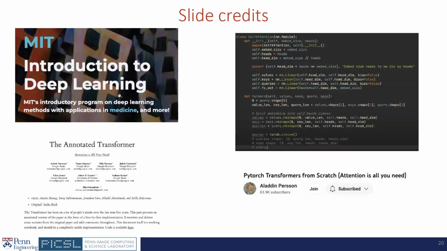And most of the slides for this presentation are taken from this lecture and this blog post over here, the annotated transformer. I highly recommend reading this blog post in your free time. And then this particular YouTube tutorial talks about how you can build transformers from scratch in PyTorch.